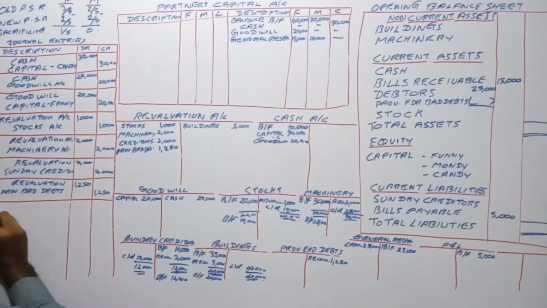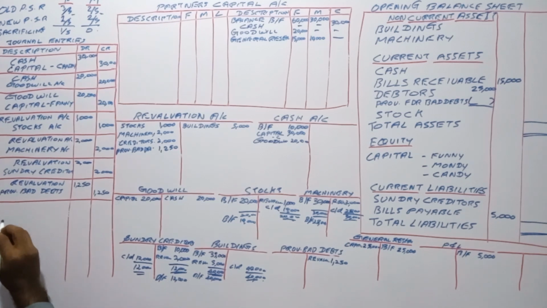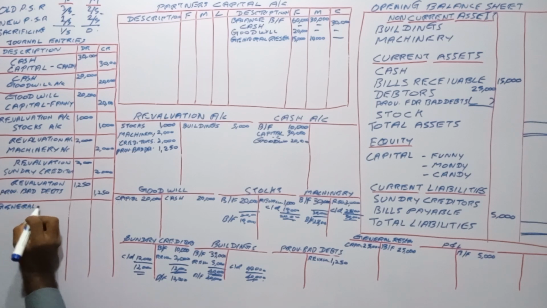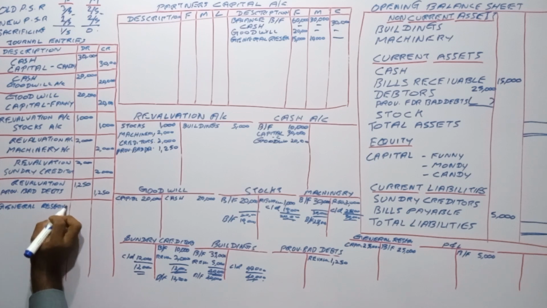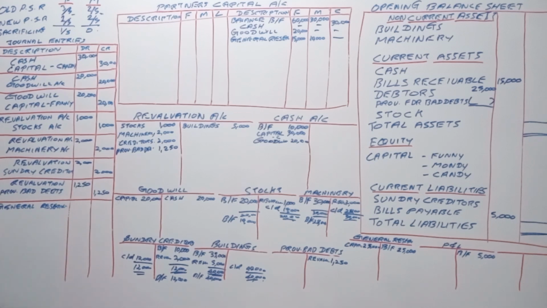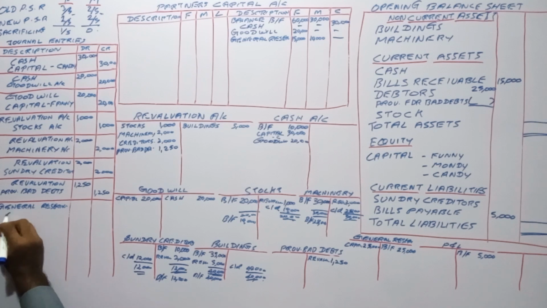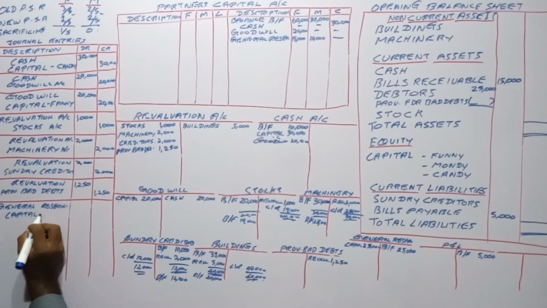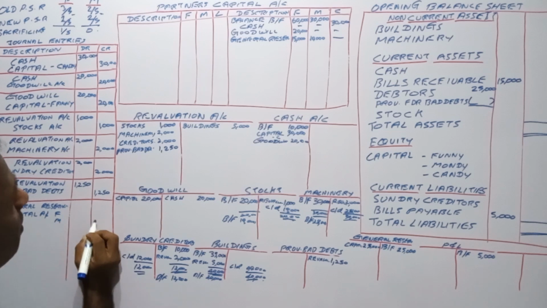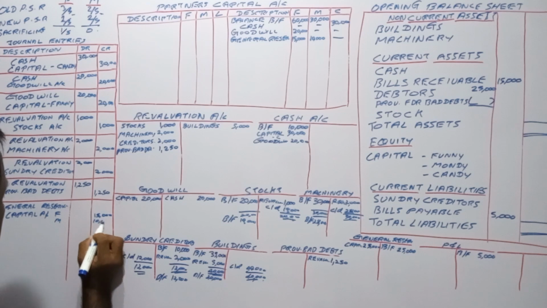So the journal entry would be general reserve debit, general reserve debit at partners capital account of F and M, 15,000 and 10,000.